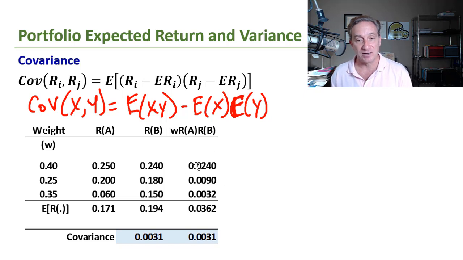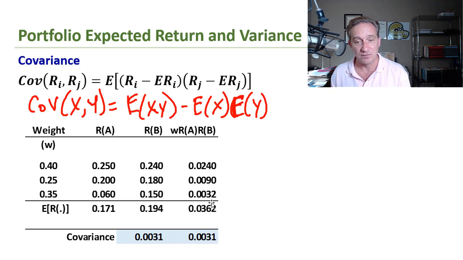So that's why here I add a column, and all that I've done here is multiply the weight, which again is our probability, that 0.4, multiplied by 0.25 multiplied by 0.24. So you see, I left out the symbol, I'm implying multiplication. Multiply these three together to get these three values. So that's weight times the respective products, and then summing them here at 0.0362.